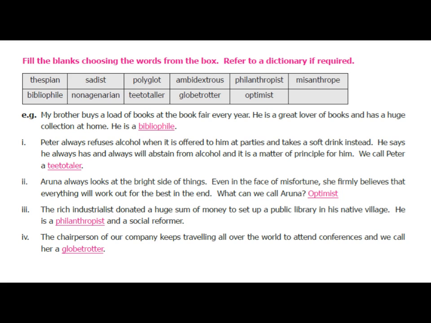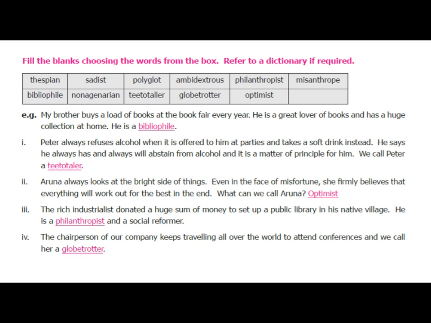Peter always refuses alcohol when it is offered to him at parties and takes a soft drink instead. He says he always has and always will abstain from alcohol and it is a matter of principle for him. We call Peter a teetotaler.